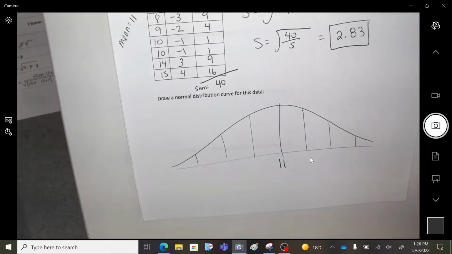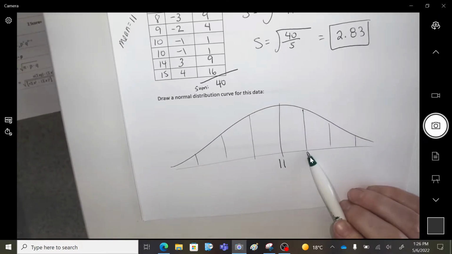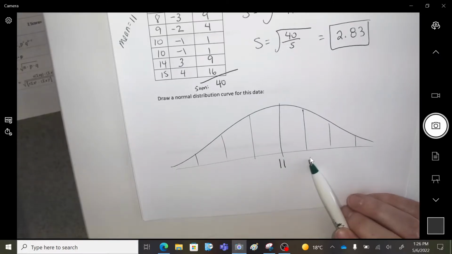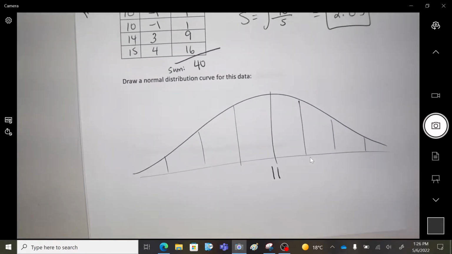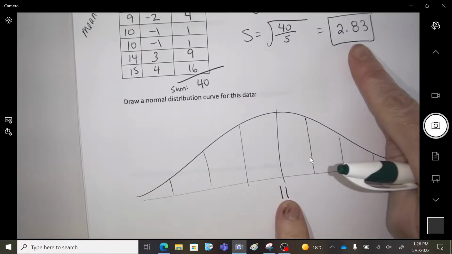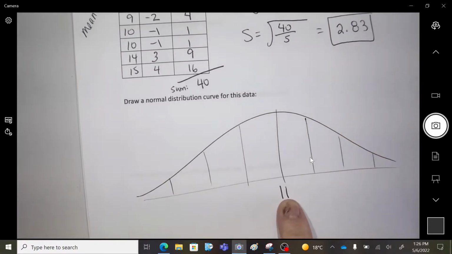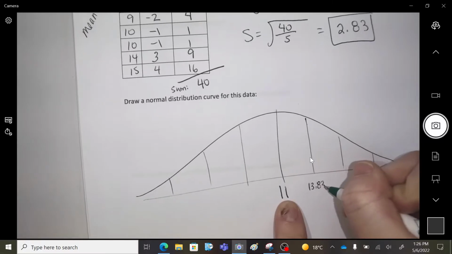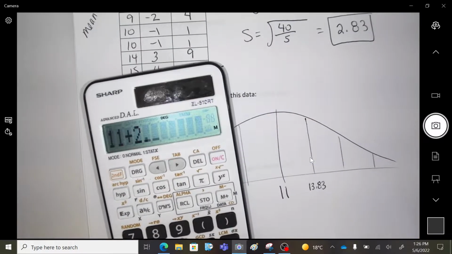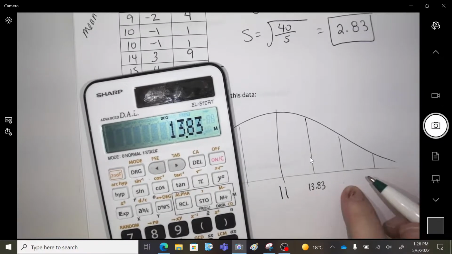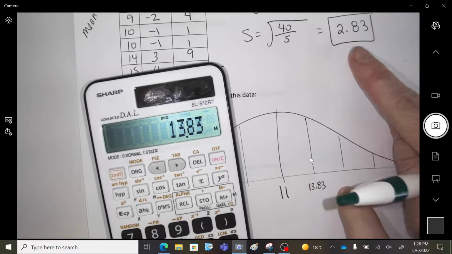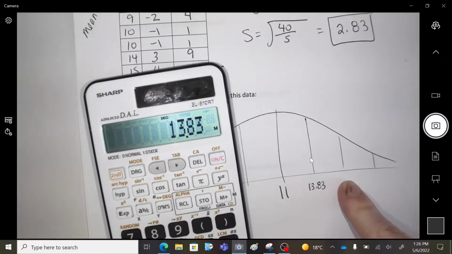Okay, on the 1 tick mark above, what should that number be? Does anybody know how to get that number? I need to add that. So 13.83. Then I go up another standard deviation. So these are all 1 standard deviation above, 2 standard deviations above. So 16.66.